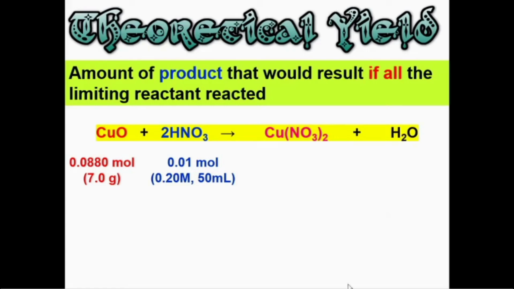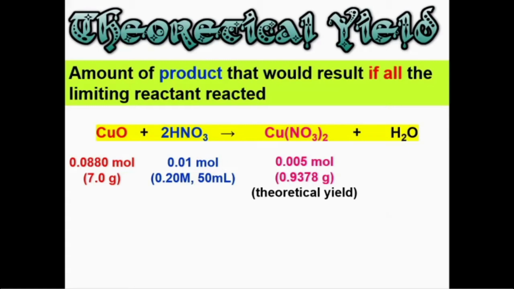If the moles of nitric acid in this reaction is 0.01 mole, theoretically we are going to get 0.005 moles of copper 2 nitrate, or in mass, 0.9378 grams of copper 2 nitrate produced in this reaction. And this yield is what we call theoretical yield.